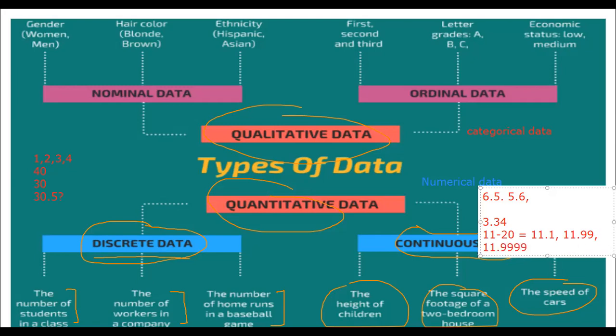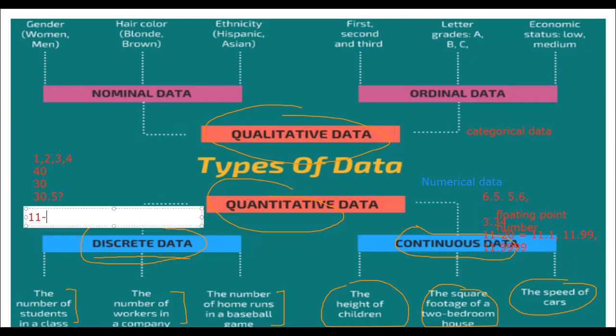So each decimal is included in this range. But with discrete data, if I simply write 11 to 20, the same range, it means it includes only whole numbers like 11, 12, 13, 14, 15, and so on till 20.